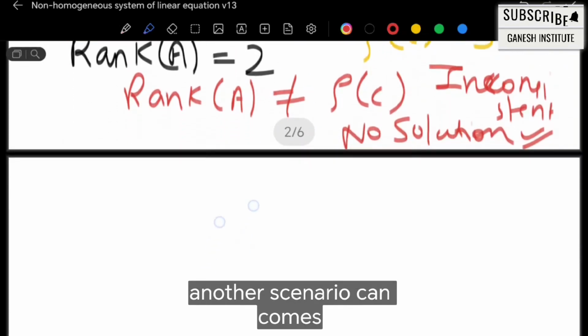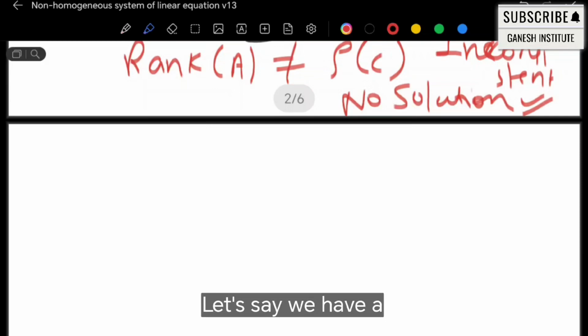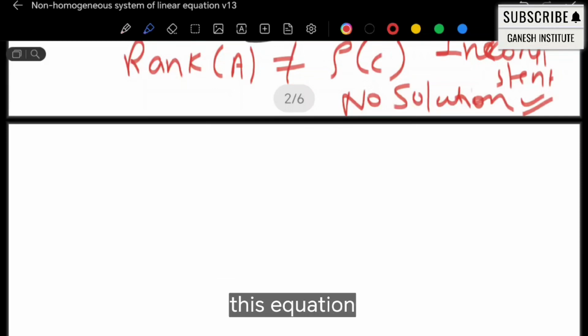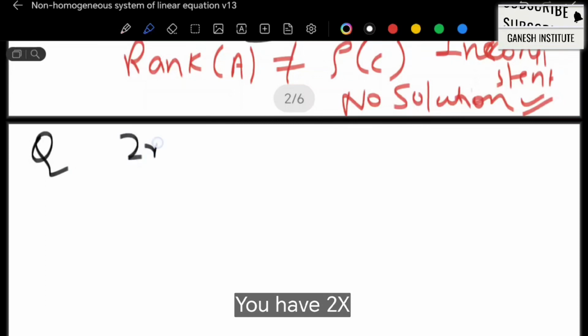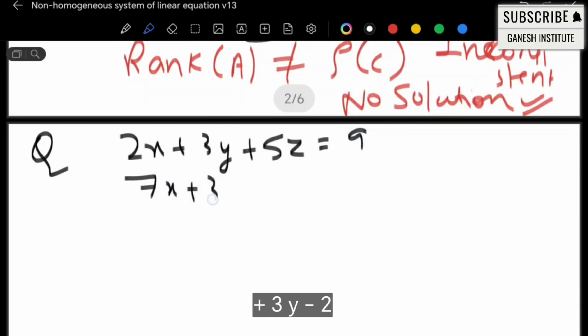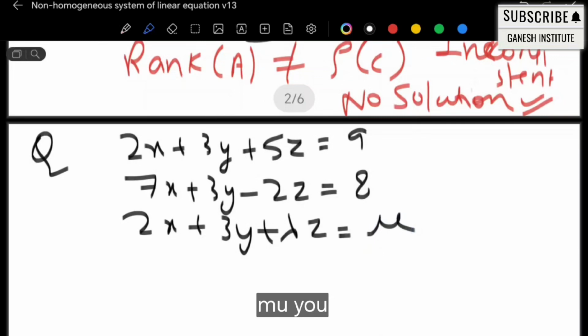But what if another scenario can come into picture? Let's say we have a question stating that you have this equation set. You have 2x plus 3y plus 5z equals 9, 7x plus 3y minus 2z equal 8, and 2x plus 3y plus lambda z equals mu.